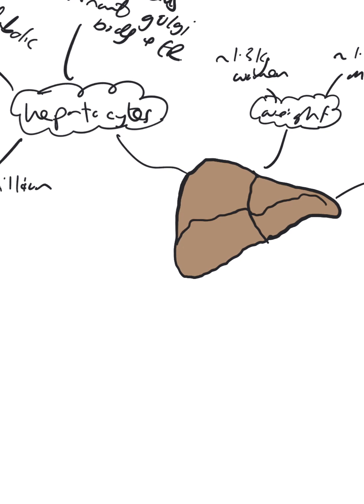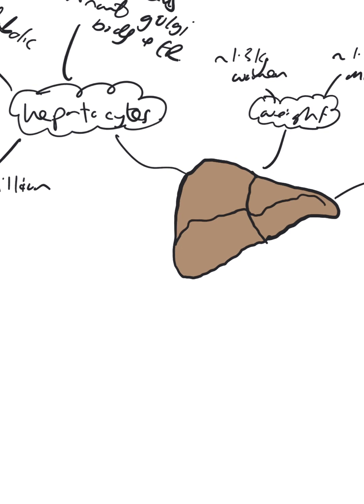Okay, the liver is also important to recognise the blood supply. Now, this is an organ that takes a significant amount of blood that is branching off from the main aorta, and approximately 13% of the body's volume of blood can be held within the liver.